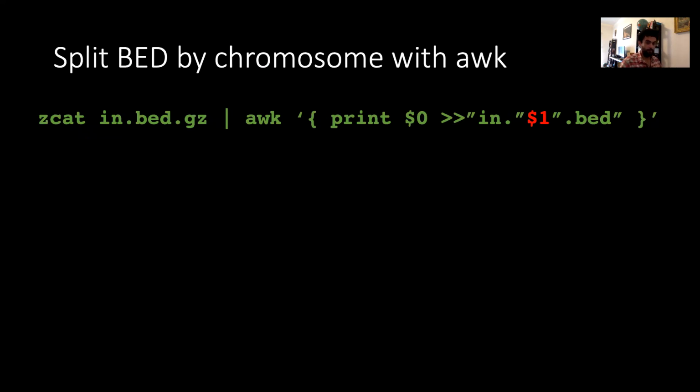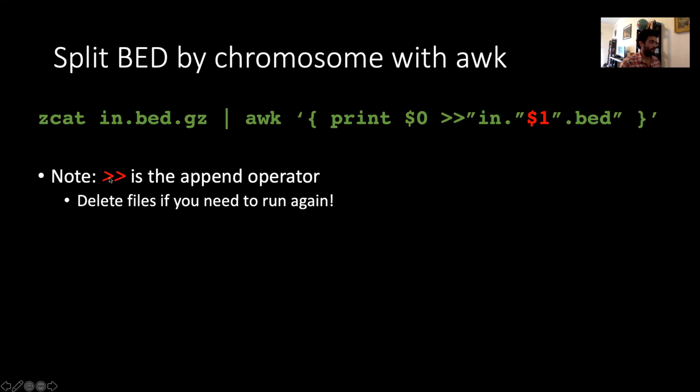The basic idea is that you're going to be using this append operator. Now this doesn't work with the regular output operator, because you're essentially going to be writing over every line. You can test it out if you want. But this works with the append operator.